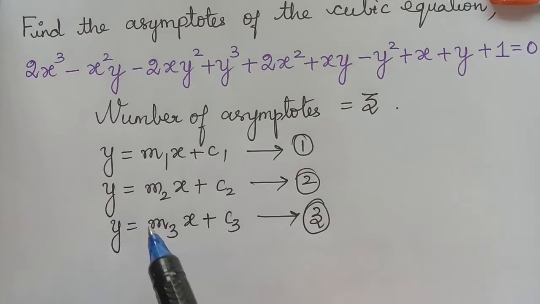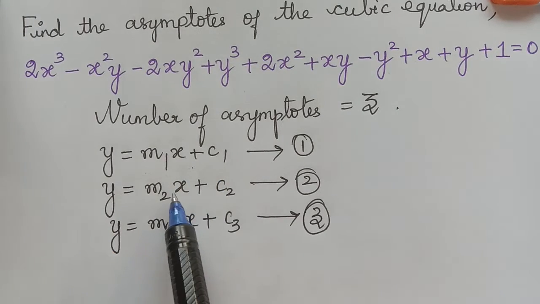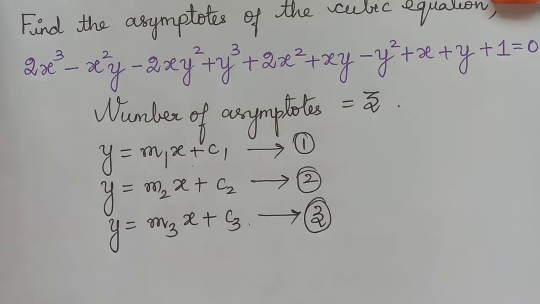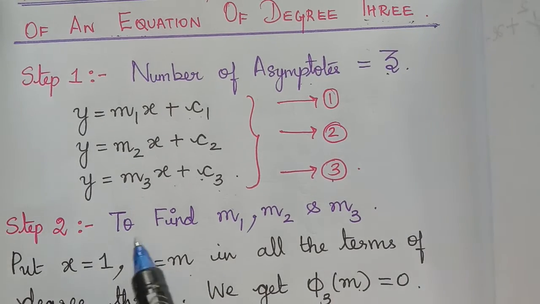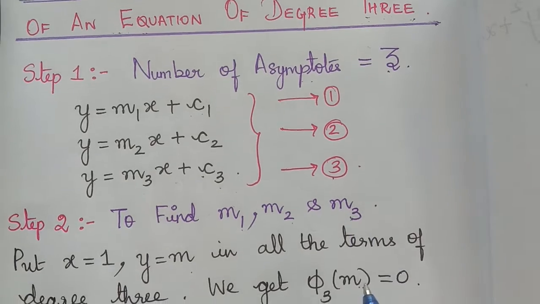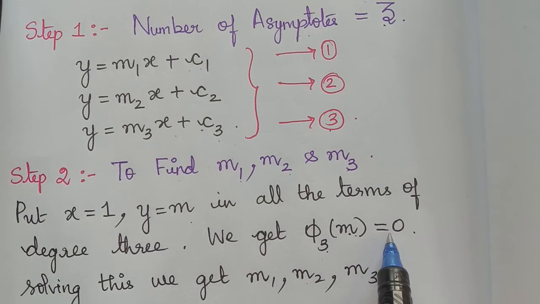Now in this we have to find the value of m1 and the value of c1, similarly m2 and c2 and m3 and the corresponding c3. So how will we find it? The second step is we have to find the values of m1, m2 and m3, for which we have to find phi 3 of m and equate it to 0.